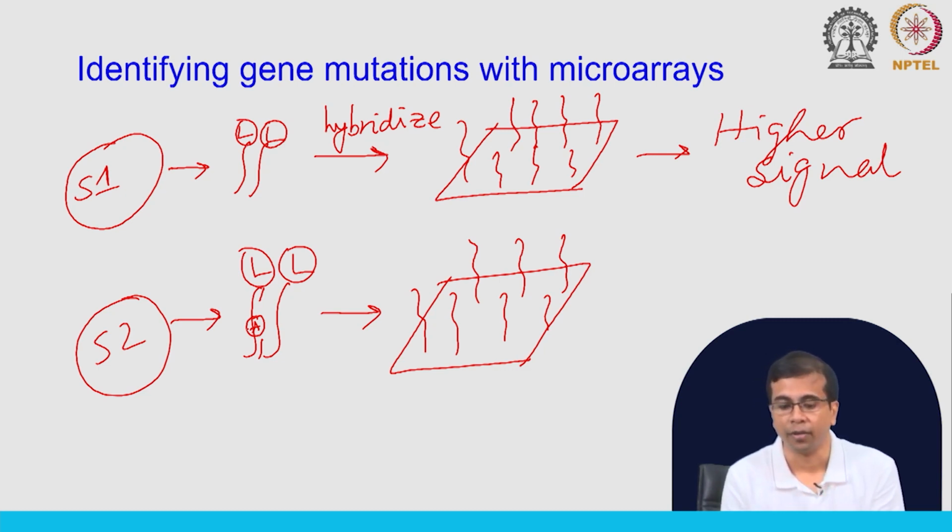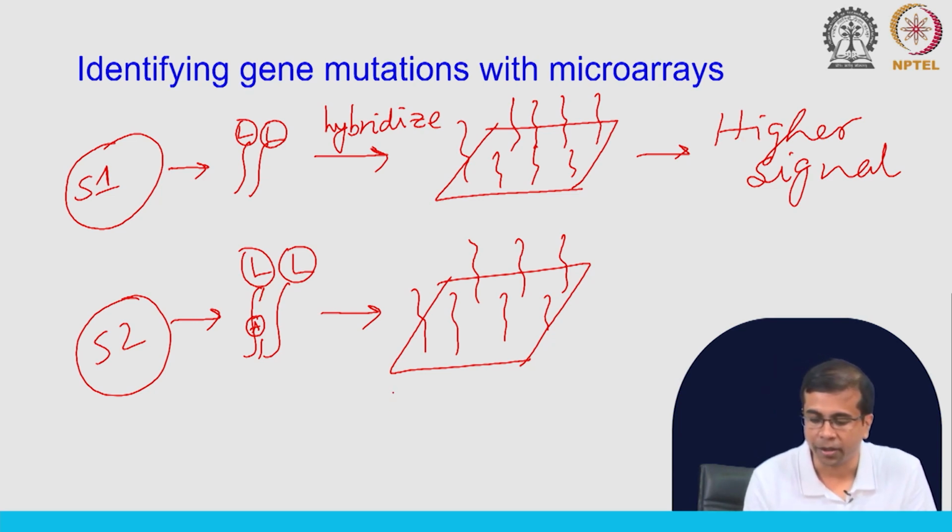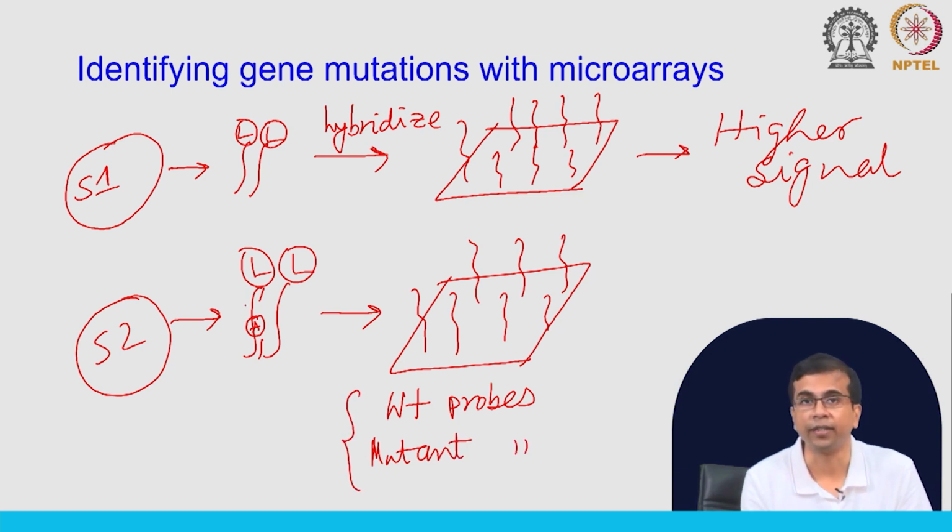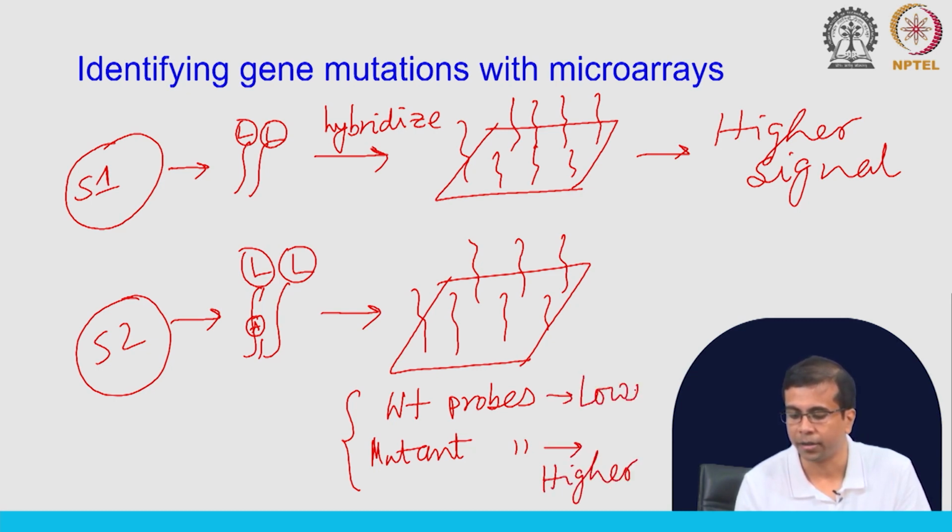So, you can have wild type probes and mutant probes. If there is a mutation in the sample, this mutant probe will give you higher signal and the wild type probe will give you lower signal.